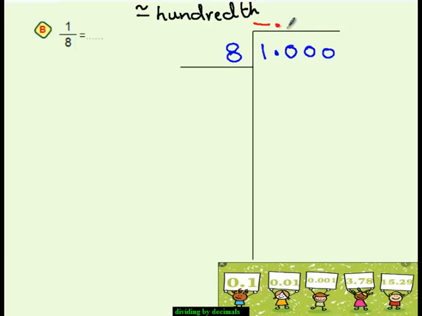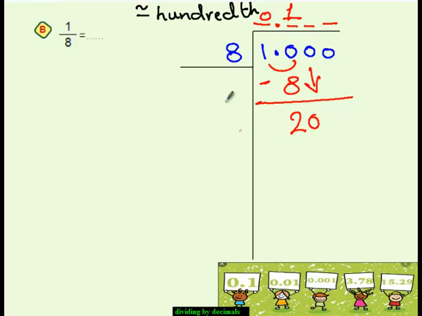So here 1 decimal place, 2, 3. 1 divided by 8, it can't be, 10 divided by 8, of course. 8 has only 1, so I'm gonna put 1. 1 by 8, 8, and I'm gonna subtract here. 10 minus 8, 2, and I will drop down the 0.